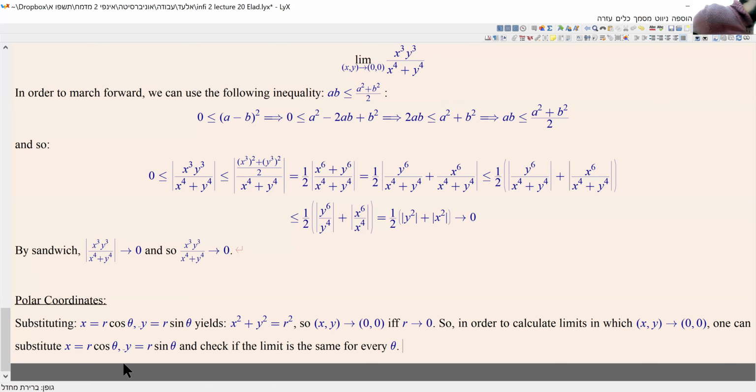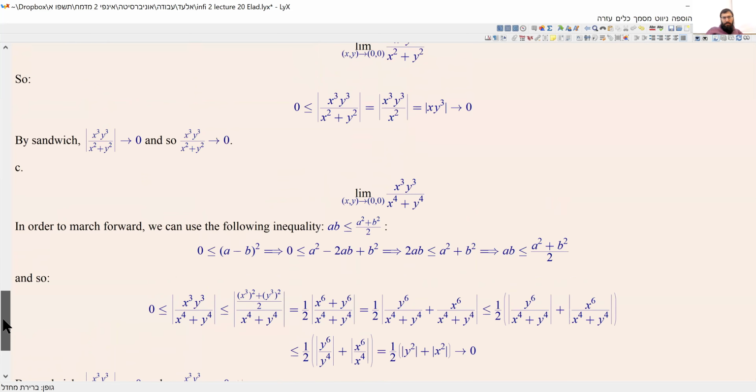I'm not very fond of this method because when the examples are a bit complicated, it's sometimes not so clear to understand if the limit depends on theta or not. But let's look at this simple example.